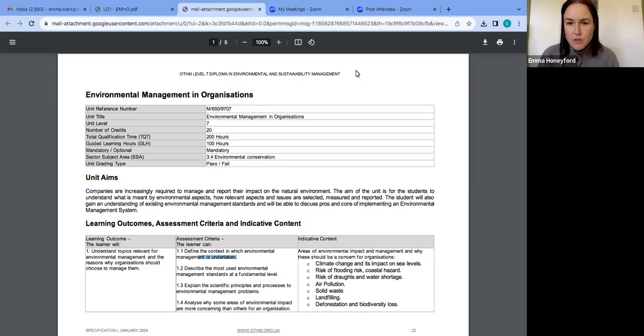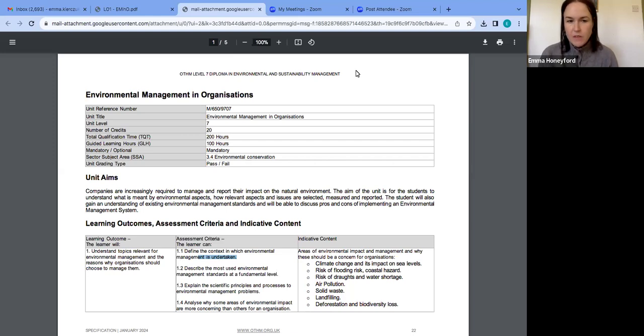Hopefully the students will all gain an understanding of existing environmental management standards, and we'll be able to discuss the pros and cons of implementing an environmental management system. And it will look different for each organisation, and we'll discuss that further shortly.